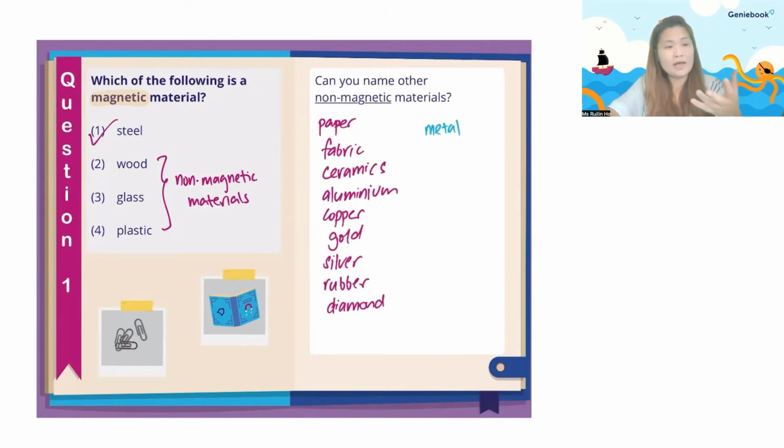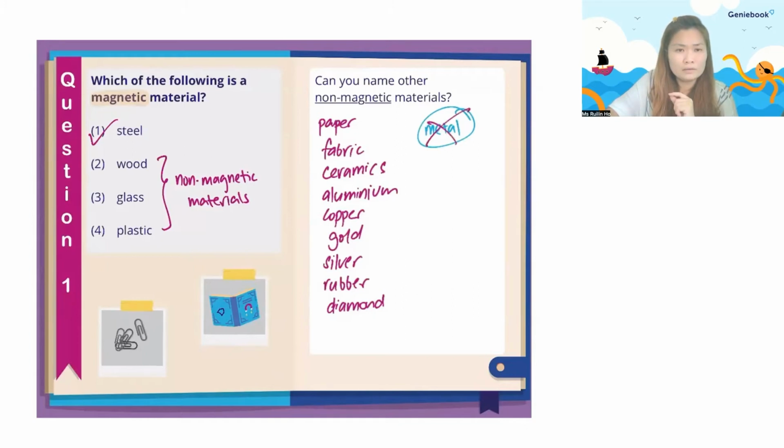We have the four magnetic materials: iron, steel, nickel, cobalt. They are actually metals themselves. So if you write down metals, you may not get your mark. You need to be more specific when you use the term metal, so we try not to use this.